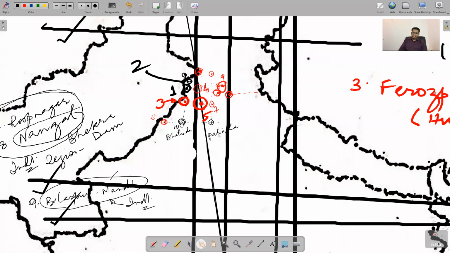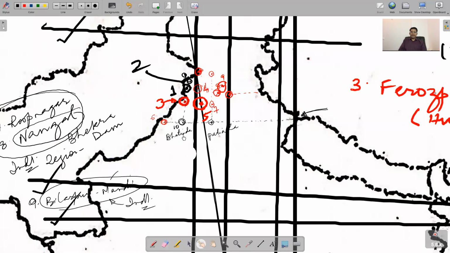Move further eastwards, east of Bhatinda, below Roopnagar. This is Patiala. And just in case you want to cross-check this line, if you extend this line, it almost passes through this Nepal corner. So east of Ganganagar, south of Amritsar, then east of Bhatinda, south of Roopnagar.